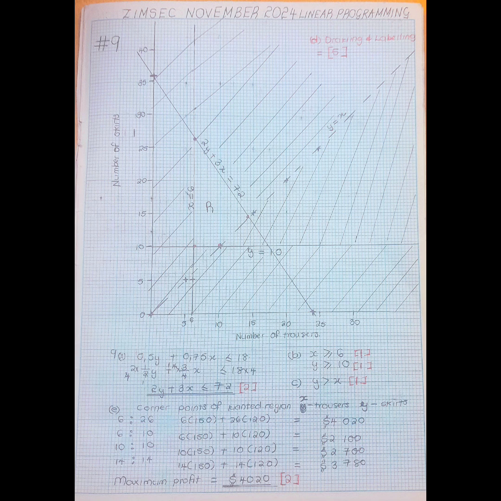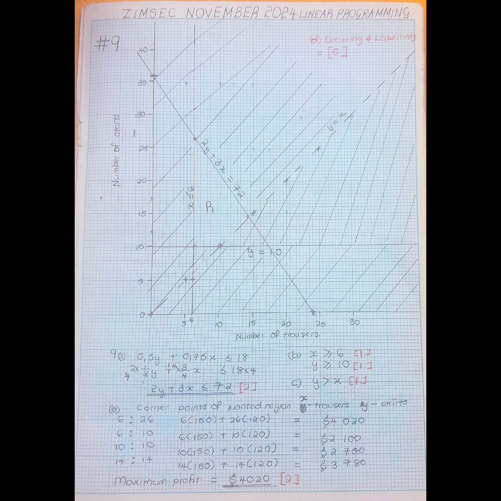This is supposed to be less than or equal to 18. So we multiply all the terms by the lowest common multiple of the denominators, which is 4. So half times 4, we get 2y, and then 3/4 times 4, we get 3x, and 18 times 4, we get 72. That is how we managed to reduce it.